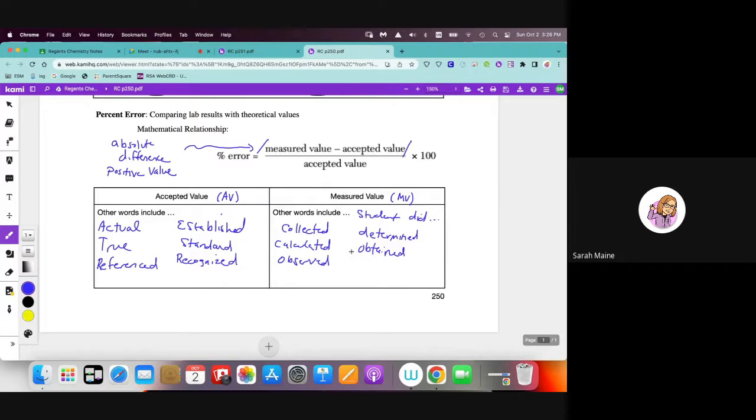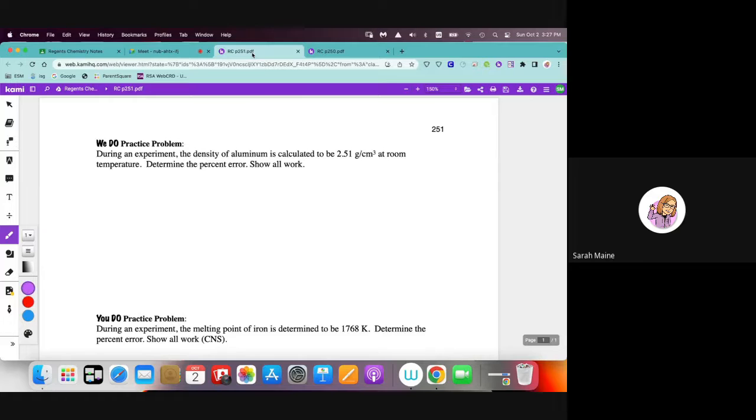So let's take one look at an example of a percent error calculation. So here we go. One of the things is I always like to annotate in the question. So during an experiment, the density of aluminum is calculated. So I see this word is calculated. And when I see the wording is calculated, right, that falls under a measured value.